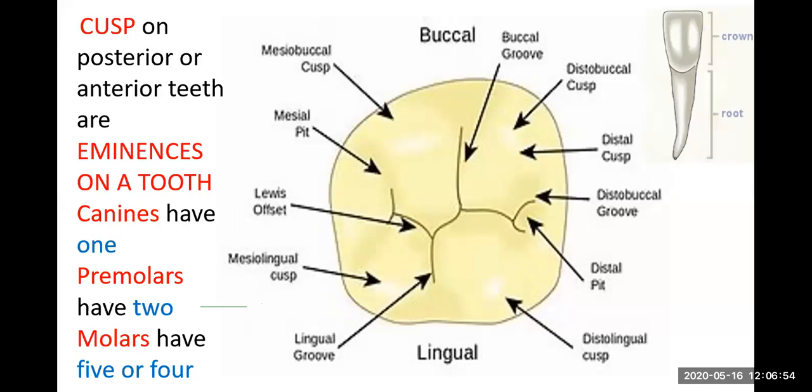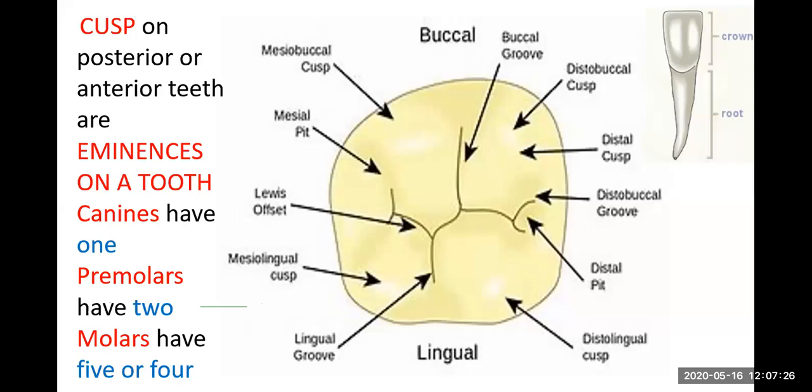Of course, you know that on a tooth, we have a buccal surface, a lingual surface, a distal surface, and a mesial surface. So the mesial pit, the mesiolingual cusp, the lingual groove, the distolingual cusp. Every side or every surface of a tooth is defined by the name of that surface.